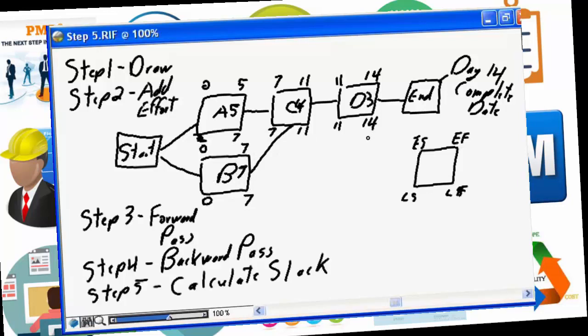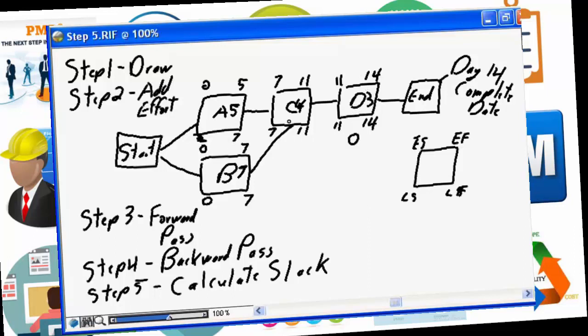The final step in creating our network diagram is to calculate the slack. Slack is calculated as the difference between the late finish and the early finish, or the late start and the early start. The number will be the same. It doesn't matter whether you do it from the late finish to the early finish or the late start to the early start. So in this case, there is 0 slack for task D because all of the numbers are the same.